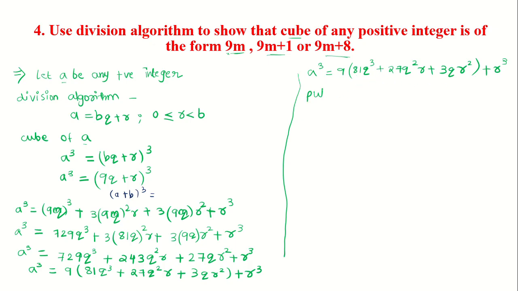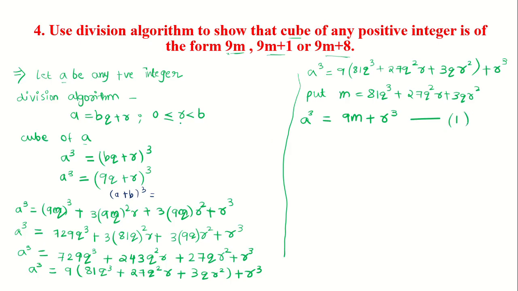So put m equals 81 q cube plus 27 q square r plus 3q r square in the above equation. So what will you get? a cube equals 9m plus r cube, right? So consider this as equation 1.